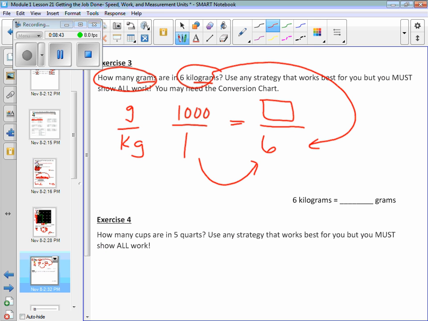Emily. Well, what am I multiplying? Okay. And that's going to give me 6,000. Again, I don't care what strategy you do, but you have to show a strategy. If you're going to show TRF, then you got to show it like this.